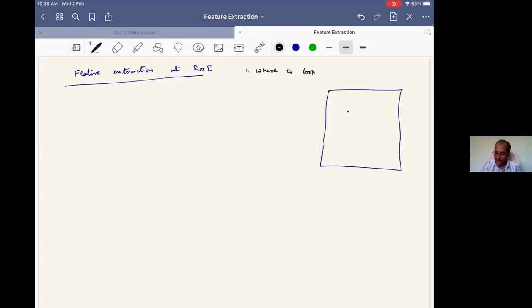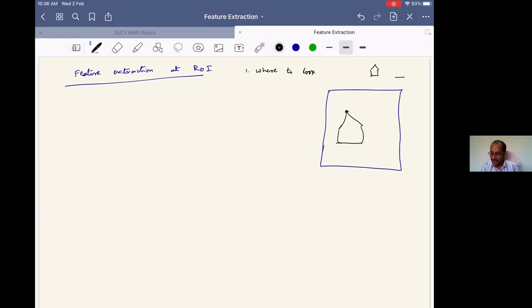So you need to identify at some point, say for example, if there is an object like this, this corner may give good information about the object. Because if I want to match this object across different images, or if I have some templates like this, and I want to identify where these templates are in an image.